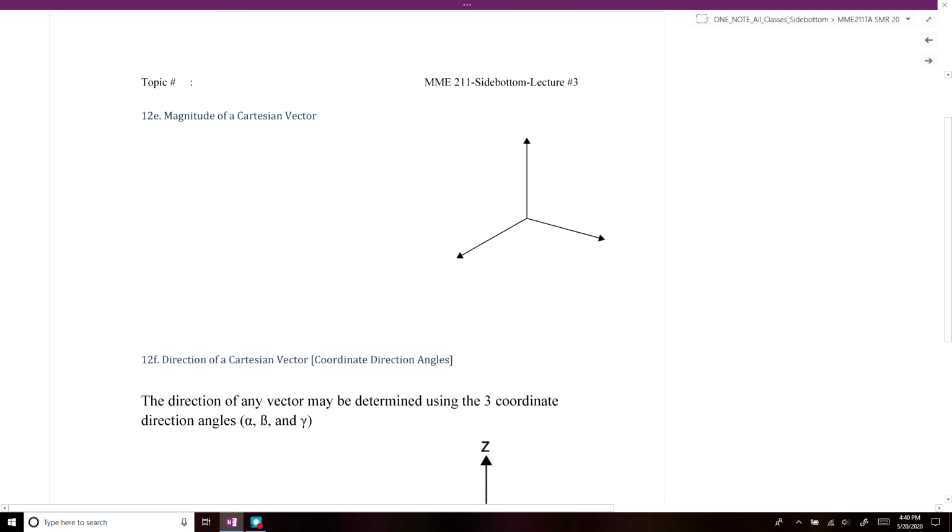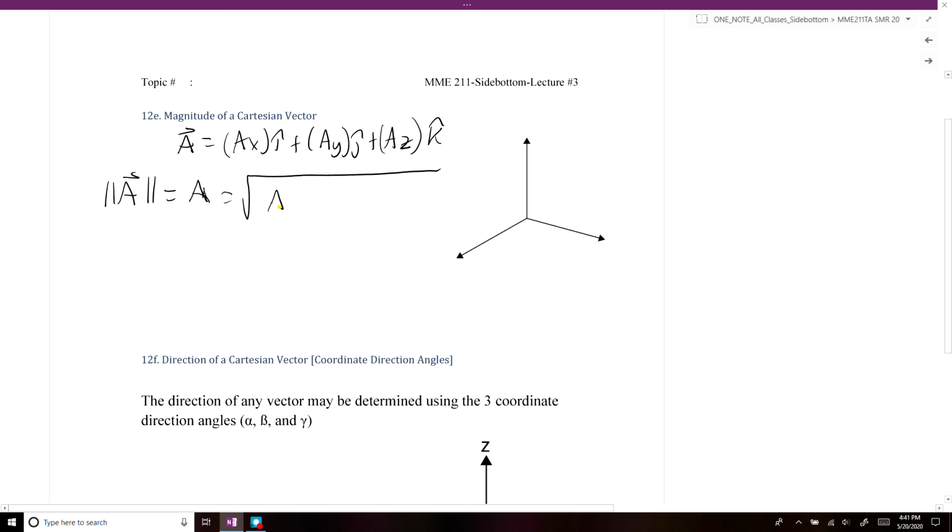If we have our vector A defined as Ax i plus Ay j plus Az k in our Cartesian coordinate system, we can very easily calculate the total magnitude, or the length of the vector, which is written with double bars, or just the letter A. It is the square root of Ax squared plus Ay squared plus Az squared.